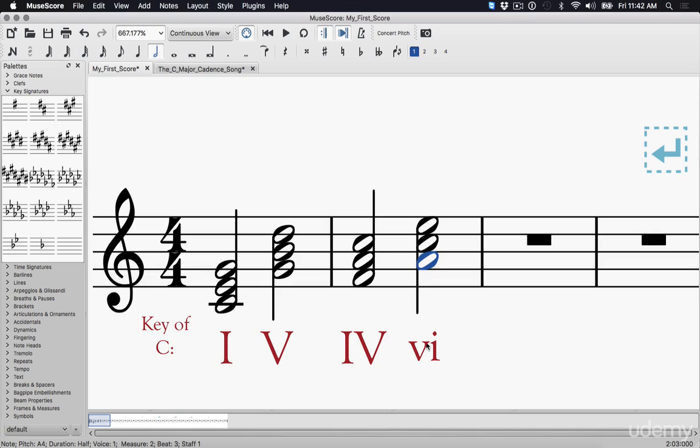Okay? So let's go back to looking at the whole diatonic chord progression sequence, shall we?